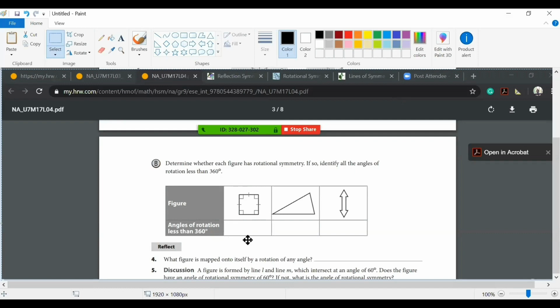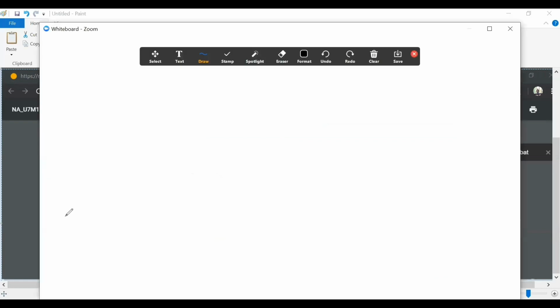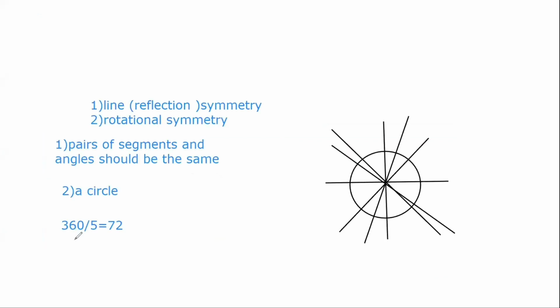What about the rotational? How am I going to find the angles? How many sides do we have? We have 4, right? So we are going to divide 360 by 4. It's equal to 90. So my angles will be 90, and then 90 multiply 2, which is 180.